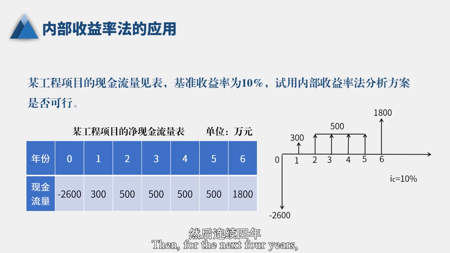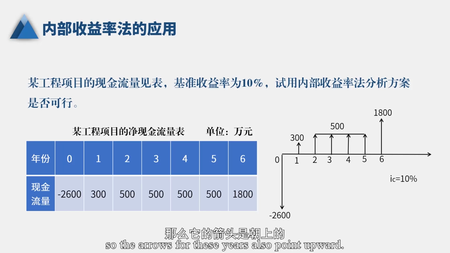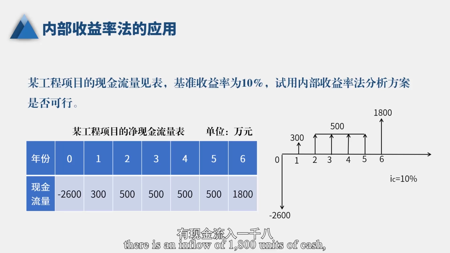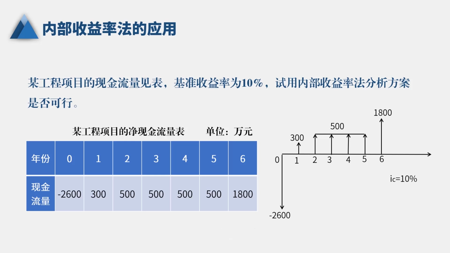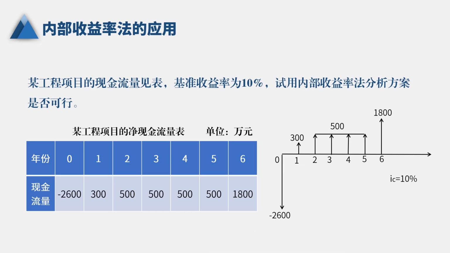Then, for the next 4 years, there are inflows of 500 units of cash each year, so the arrows for these years also point upward. At the end of the 6th year, there is an inflow of 1,800 units of cash, so the arrow for this period also points upward.